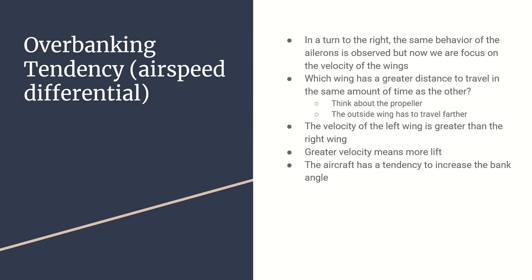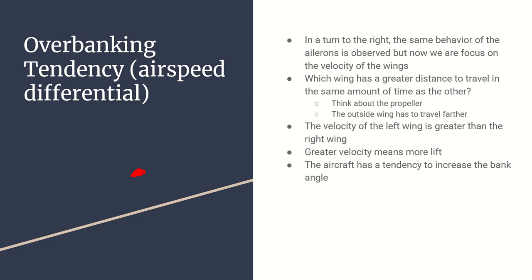When we are establishing the turn, we have to think about the travel of the wings, right? The distance they have to travel. So let's say this right here is a point that we're trying to turn ourselves around. In order for us to have a smaller radius of turn, we have to increase the rate of turn, right?